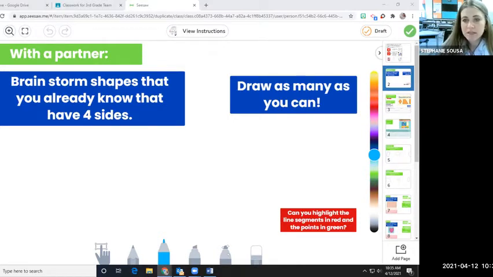Now, if you've been listening to me at all, I've already given you 2 answers. You and your partners are going to draw as many of these shapes as you can. So you're going to brainstorm the names of shapes that have 4 sides, and you're going to draw them together, all right? Okay, here you go in your breakout rooms.